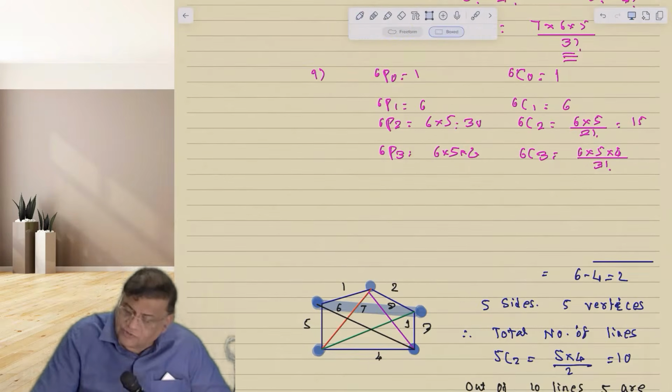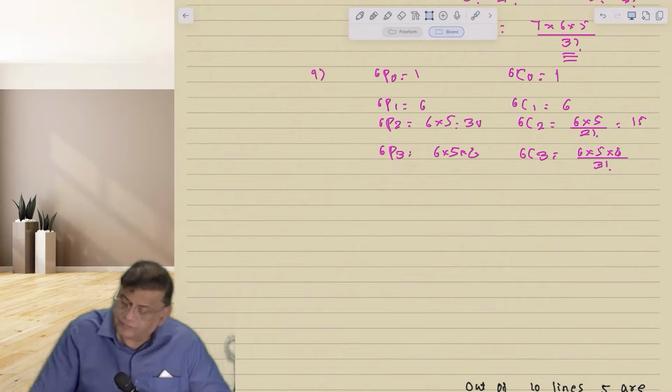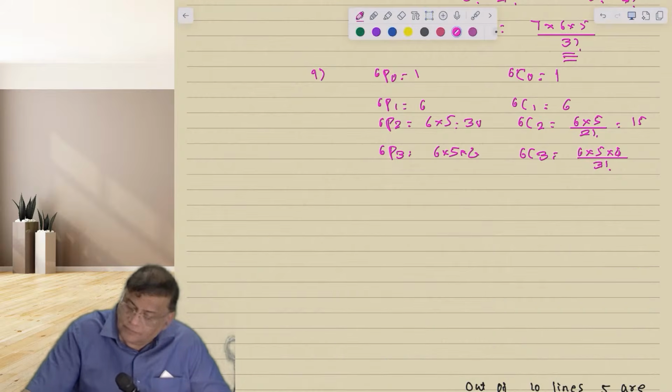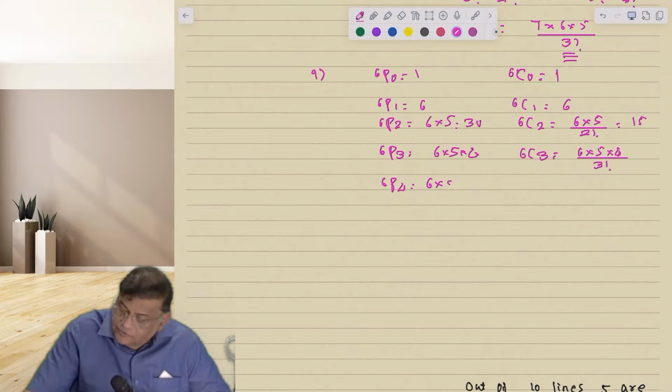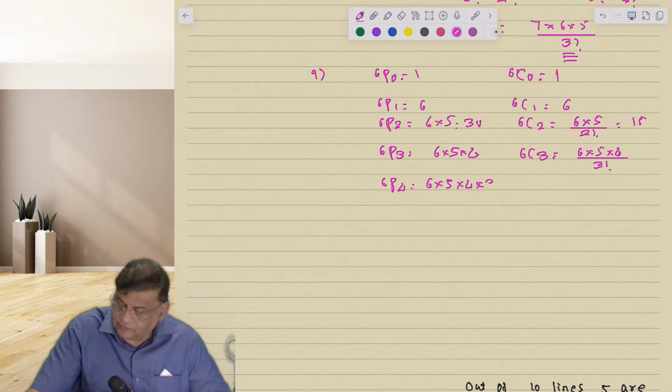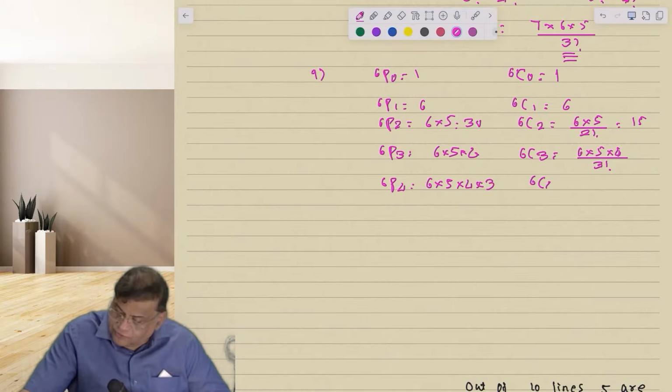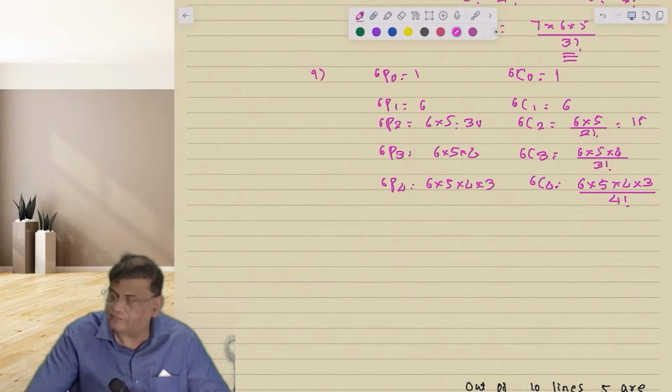If I ask you 6P4, then there are 4 factors: 6, 5, 4, 3. Whereas 6C4 will be 6, 5, 4, 3, and that divided by 4 factorial, which is 24.